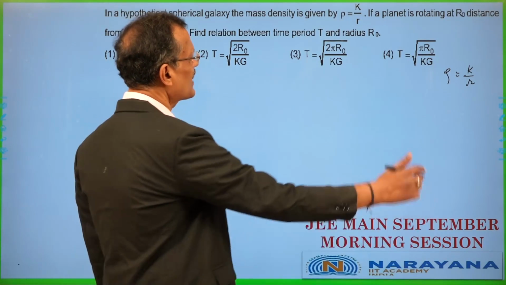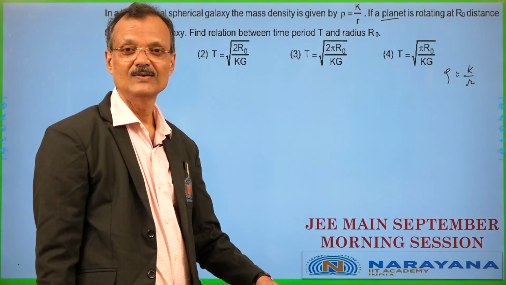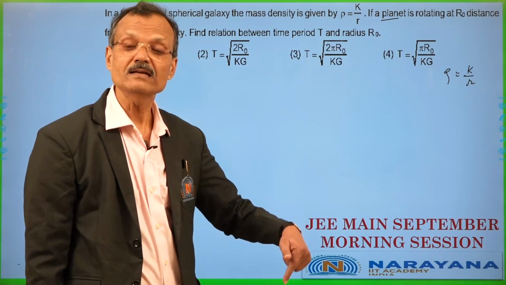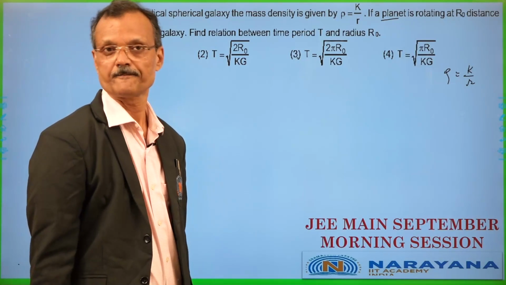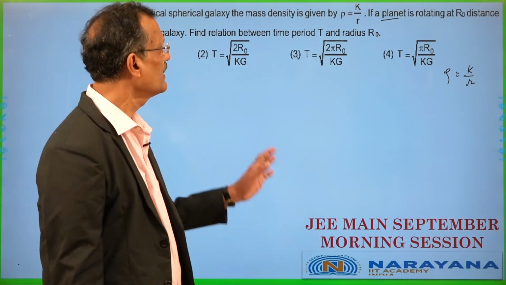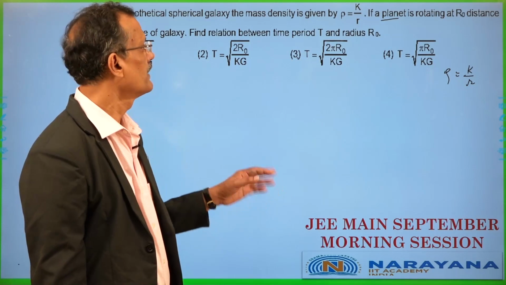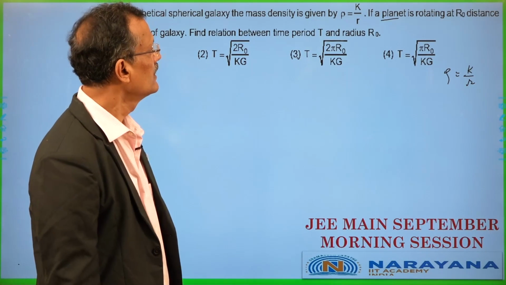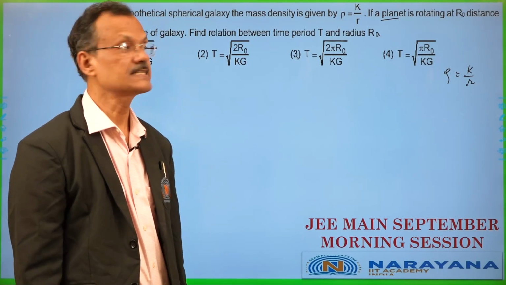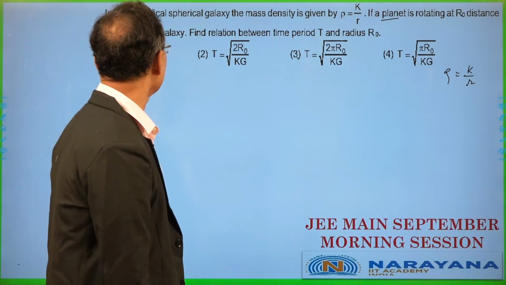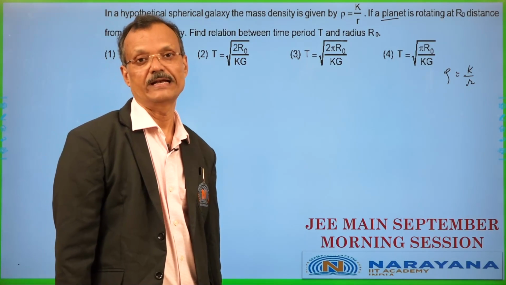I think some star would be there, because in galaxy, right, planet will be there, but planet will be rotating around a star. Okay, the children, while telling verbally, perhaps they have done this silly mistake. There may be a star which is rotating around the center of galaxy at a distance R0. They are asking you time period and radius.